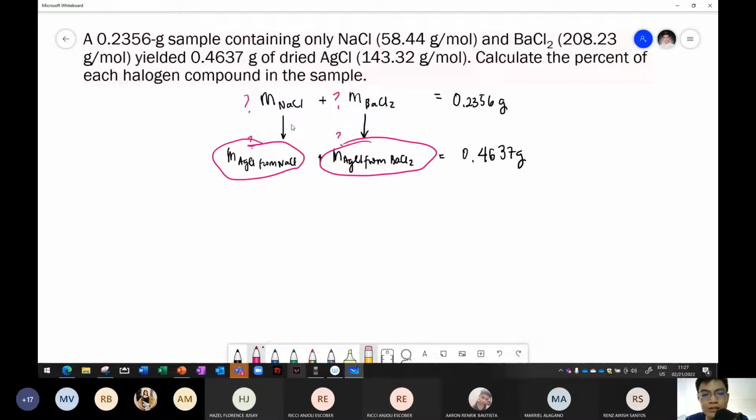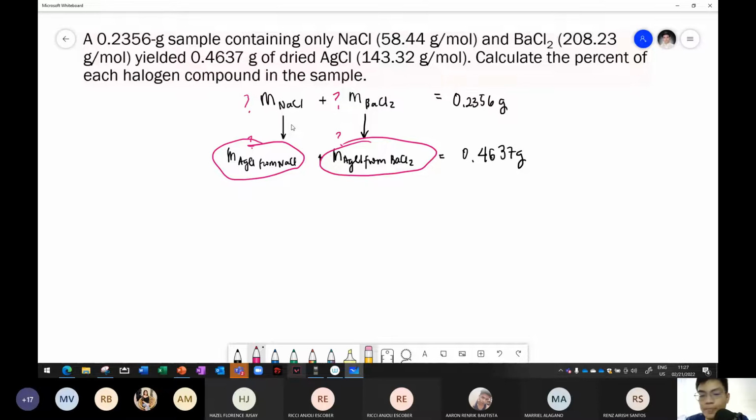Okay? So, ibig sabihin, yung mass ng NaCl and yung mass ng barium chloride, kaya ko talaga siya i-solve in theory. Yung mass ng AgCl from NaCl and yung mass ng AgCl from barium chloride, I can use stoichiometry to answer that. Okay? So, kaya ko namang gamitan ng stoich.